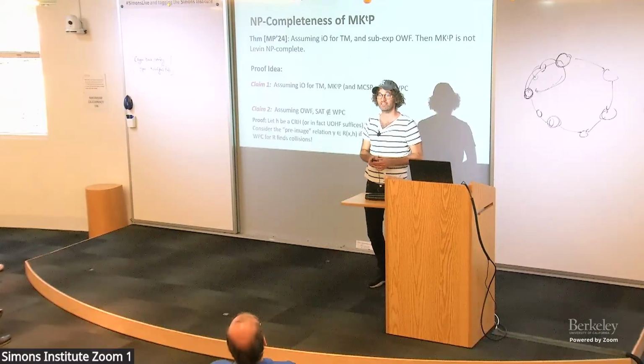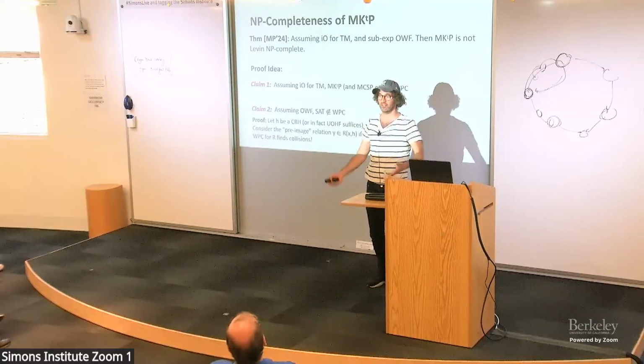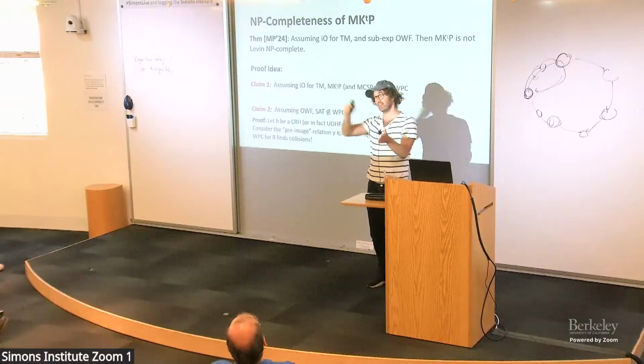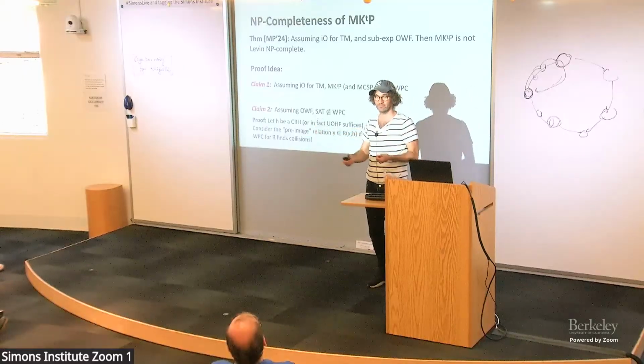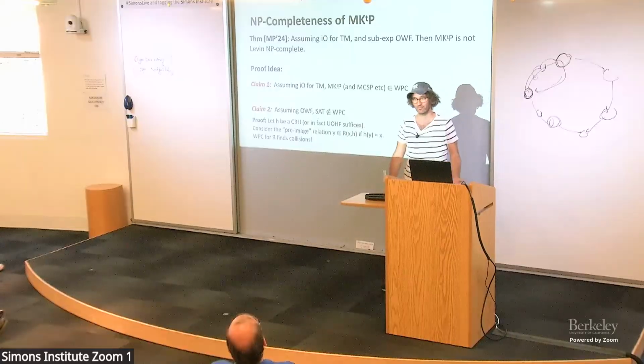So if you have witness canonicalization for SAT, you can use it to canonicalize preimages of a hash function, and then you can find collisions very easily. Just sample x and compute h of x, and then try to canonicalize the preimage in a random way. And that's it. So SAT cannot have witness canonicalizers.